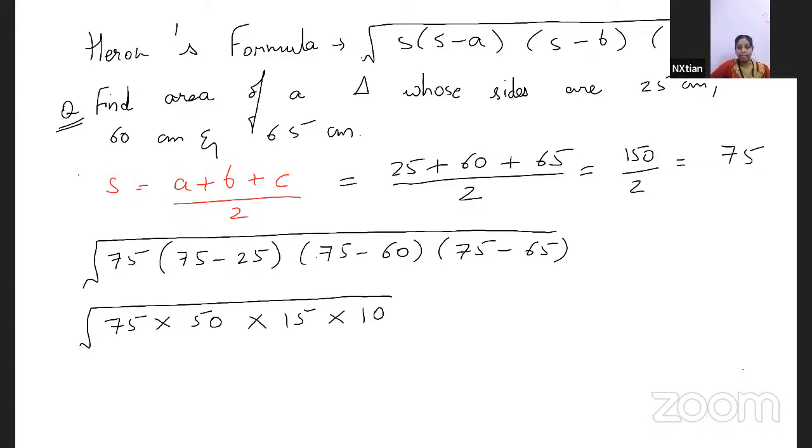Now in this step, we take the HCF of all the numbers and make them into factors. So take the HCF of all the numbers and obtain the factors of 75, 50, 15, and 10.